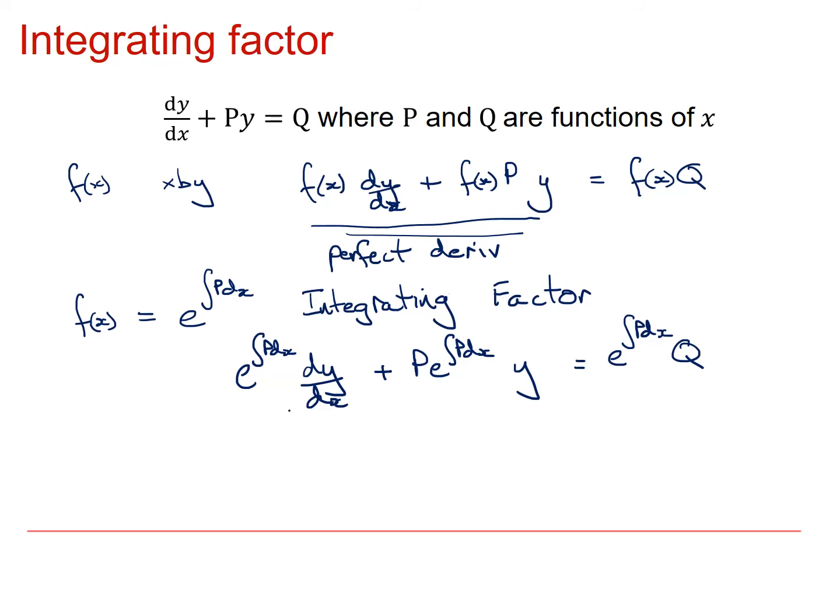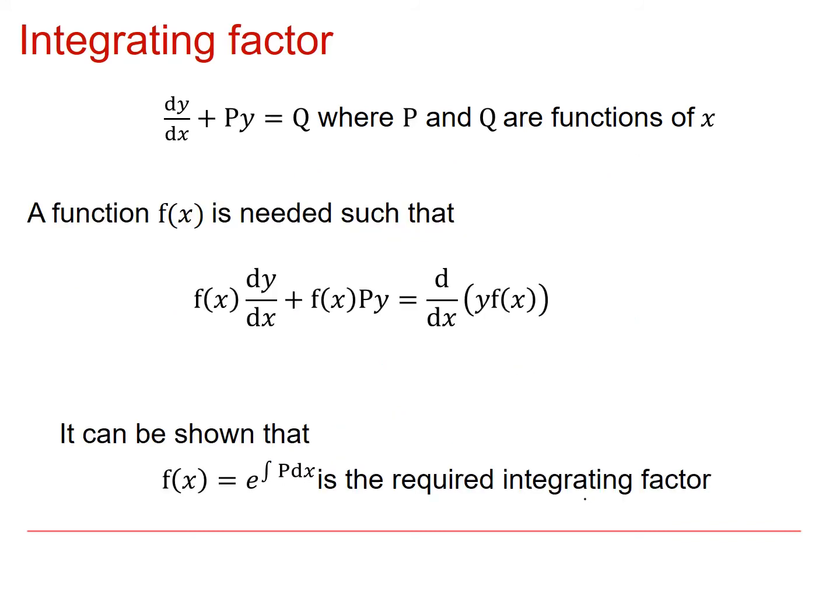So the left side is now a perfect derivative, in fact the derivative of e to the integral p dx times y. And that's equal, on this side, to e to the integral p dx times q. That's just confirming what we've said.